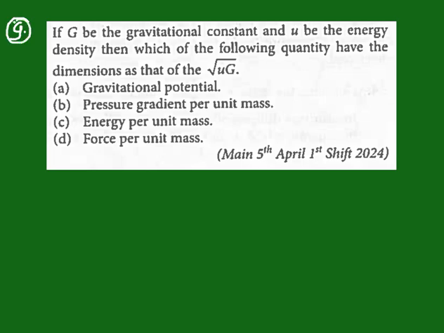If G is the gravitational constant, listen, there are a few constants in physics whose dimensions we must memorize, like gravitational constant, coefficient of viscosity, Stefan's constant, Wien's constant, emissive power, intensity. These parameters and their dimensions are very special from the competition point of view. And U is given as energy density. What is energy density? Energy per unit volume.